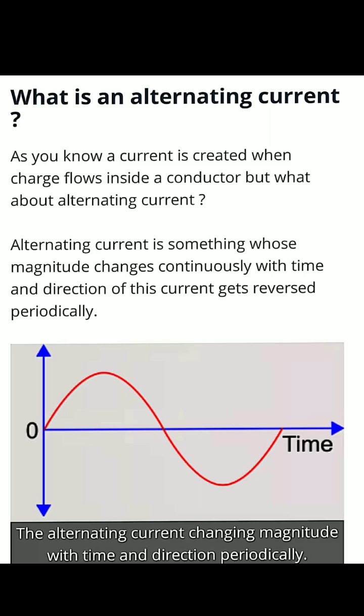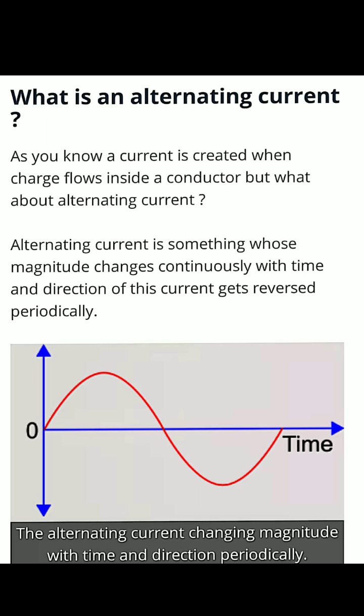So periodically its magnitude continuously changes with time. As time goes on, it increases up to the peak point, then decreases to 0, then its direction changes. On the negative side, the same thing: it increases up to the maximum or peak point, then decreases to 0. This kind of current is called alternating current.